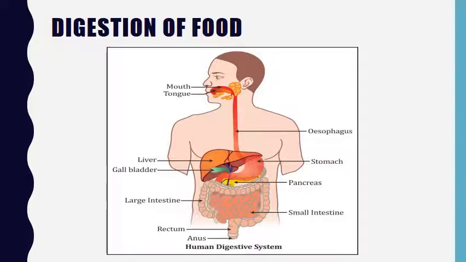The small intestine also secretes some juices which help in further digestion. Why are we talking again and again about juices? Take an example: whenever we have to grind pulses or rice, we add water to grind easily. In the same way, when we have to make a paste of solid food, we need some water.